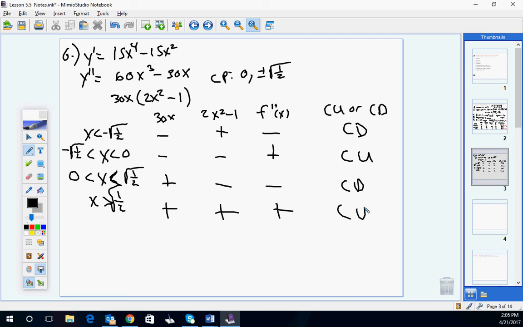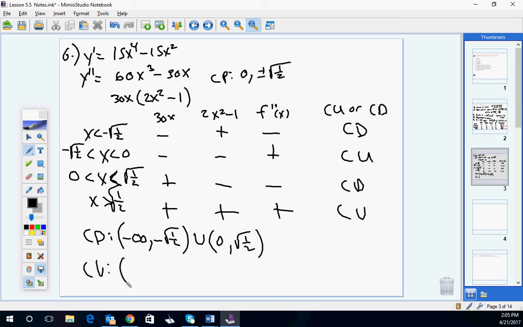So our intervals would be concave down from -infinity to -√(1/2), with 0 to √(1/2). Concave up would be from 0, nope, oh, too big. 0 to, let's do it again.